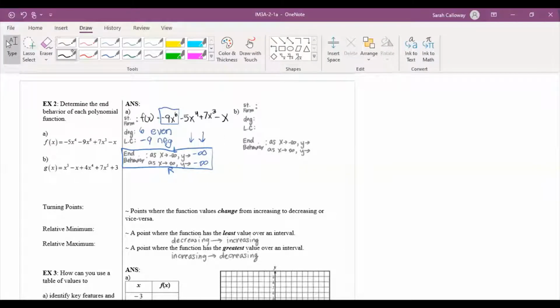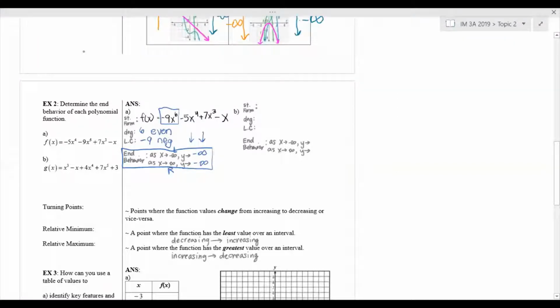So one thing to notice is that with standard form, all that I cared about was the first term. So I don't necessarily have to find standard form. I really just need to find the first term. So looking at this problem, the highest power is a 5th power.